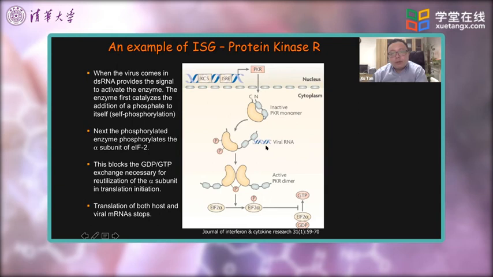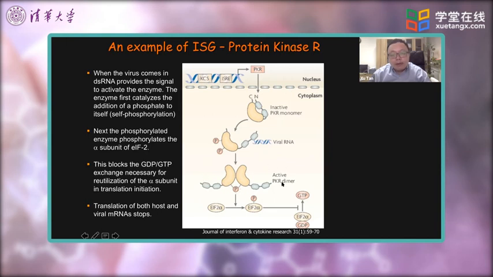And this double-stranded RNA really becomes a pattern, or a signature, of viral infection. This double-stranded RNA can bind with the protein kinase R, which then activates this protein kinase and causes it to dimerize. Basically, two molecules form one complex. The PKR dimer can then phosphorylate and further activate itself.